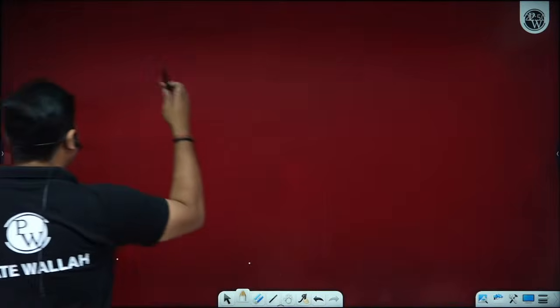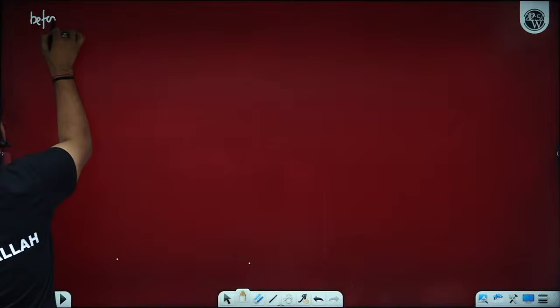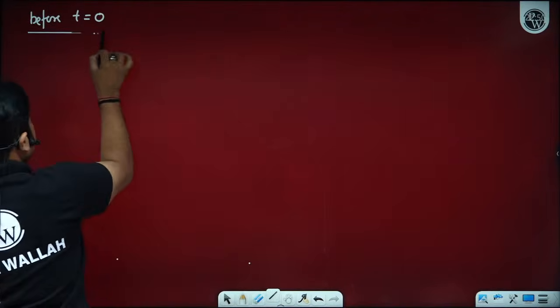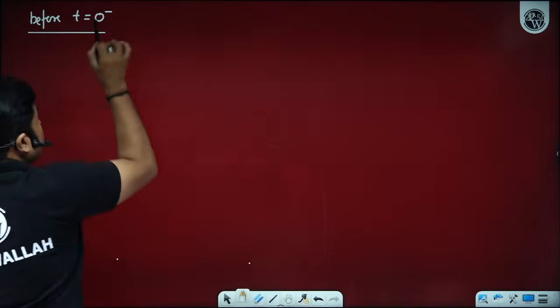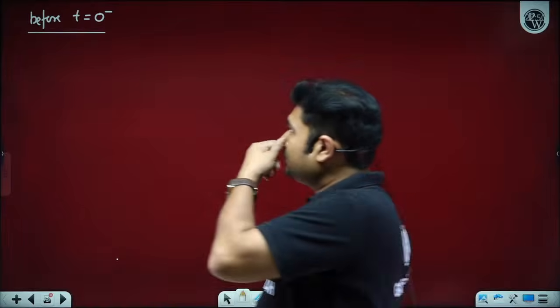What is the initial data, before t equals 0? I am considering t equals 0 minus, which means before t equals 0.